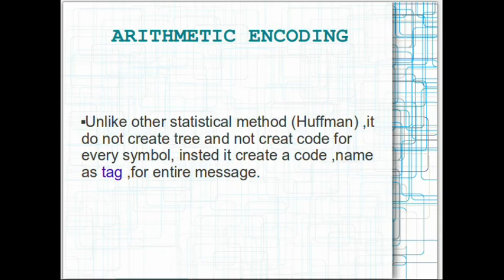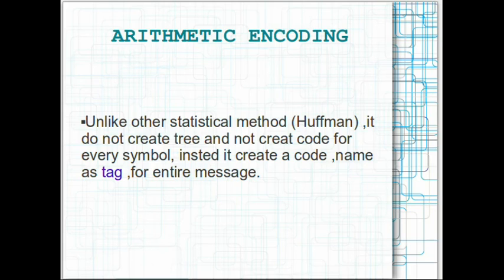Also there are a few limitations of Huffman. One of these limitations is the problem with skewed probability. Huffman coding is not very efficient in dealing with skewed probability. Now what is skewed probability?